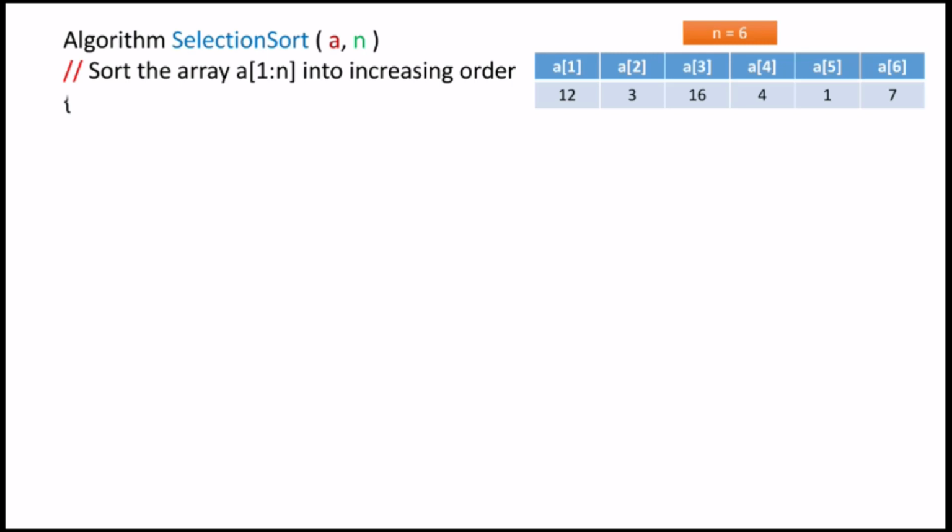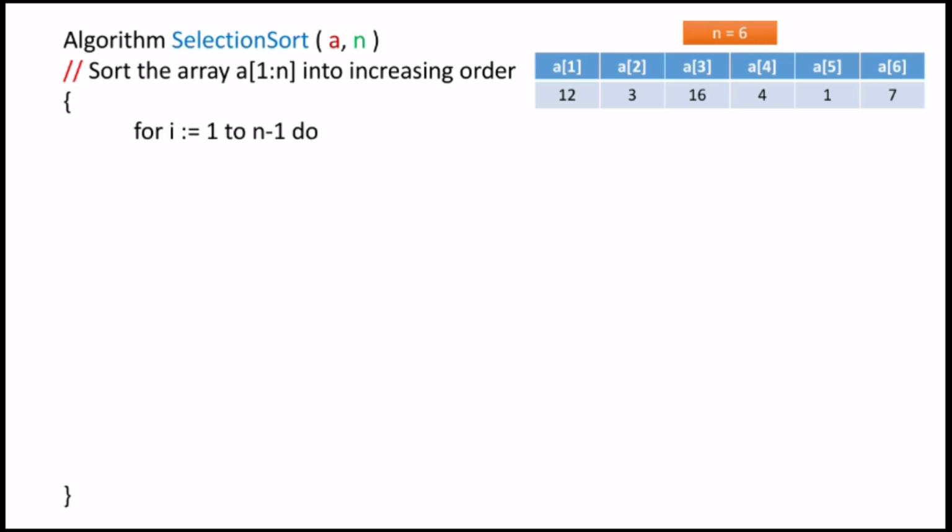Next, opening and closing flower brackets are used to write the pseudocode of selection sort. In selection sort, we need to find the minimum number n minus 1 times. So for this, we will use the for loop which starts from 1 till n minus 1.